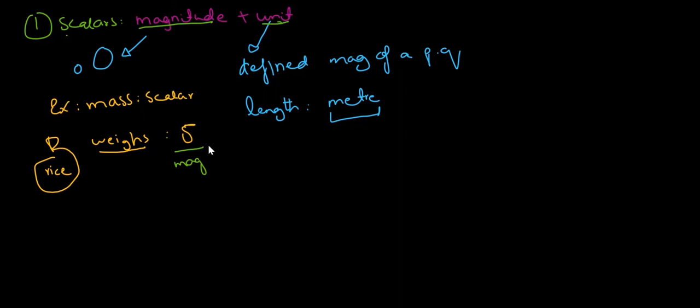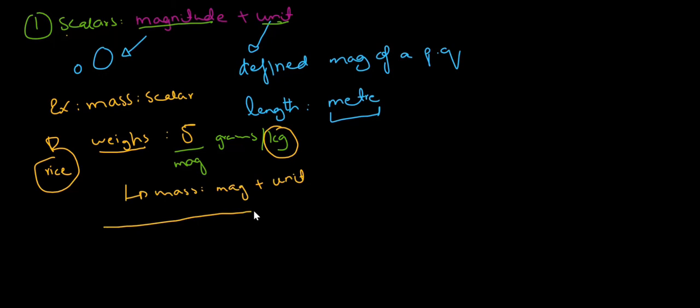But they still can't help you because they don't know if it's 5 grams or if it's 5 kilograms, because both these units are entirely different. So therefore, you give them a unit. You tell them that I want 5 kilograms of rice. And therefore, whenever you define mass, in order to properly define it, you need to give the person a magnitude, and you need to give the person a unit. And that is scalar quantities.